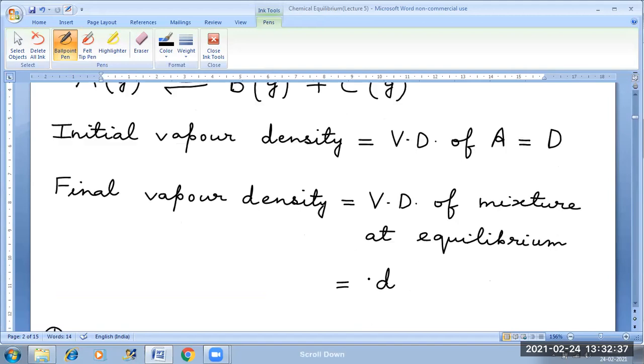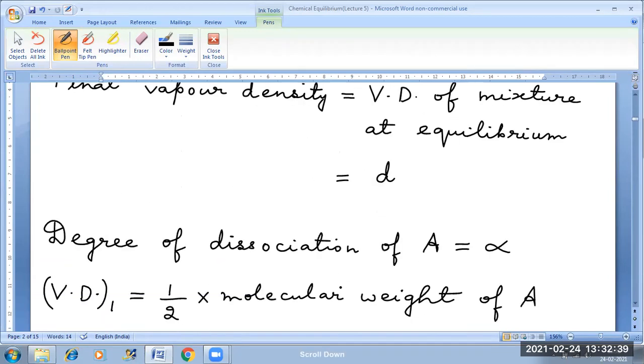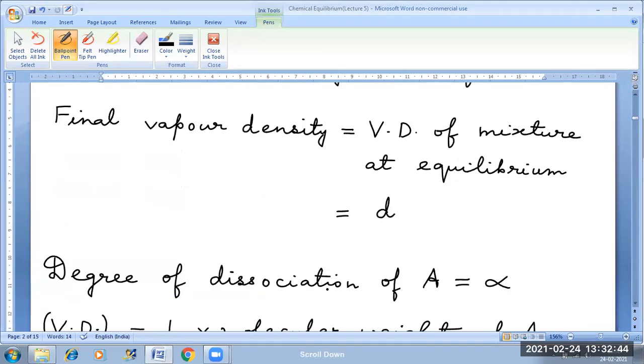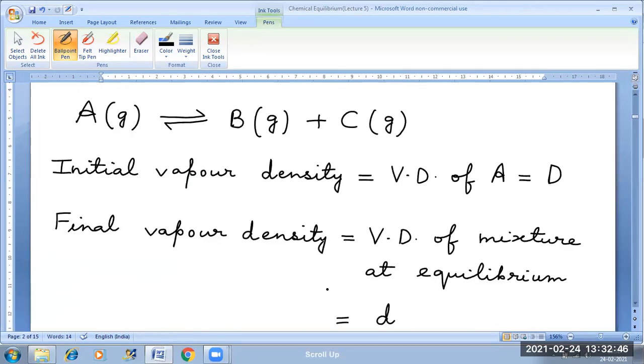I have told you last time. What is the formula? Check your notes. What is the formula for degree of dissociation?